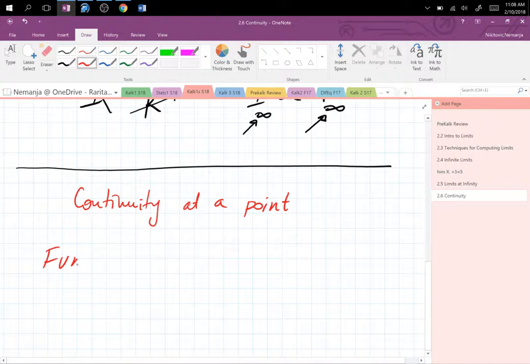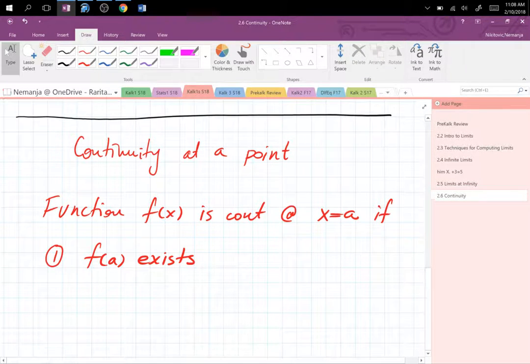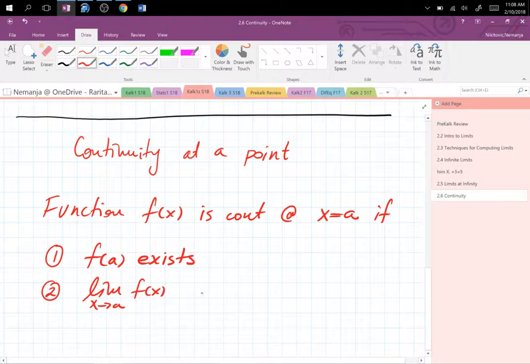The function f(x) is continuous at x = a if, number one, f(a) exists. Well, that should be common sense, because the point that you're looking at needs to exist, first of all. Number two, the limit as x goes to a needs to exist.